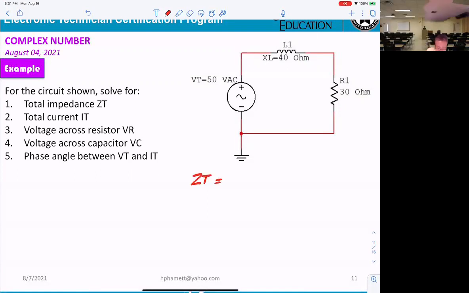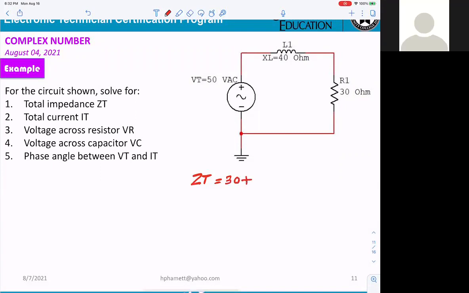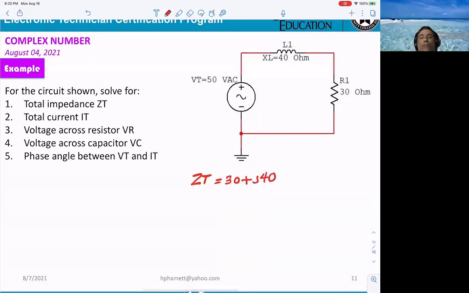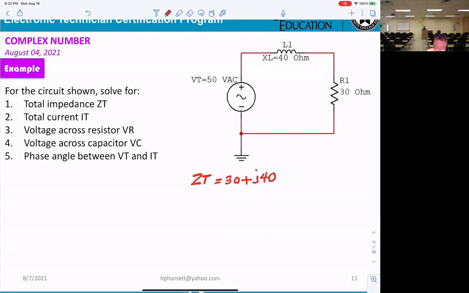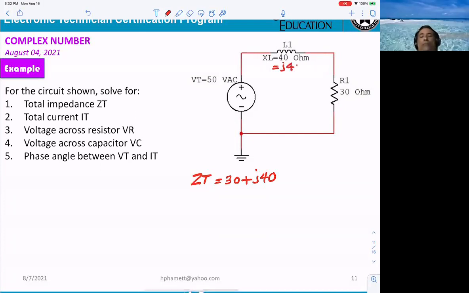What's the value? 30 plus 40J. Okay, 30 plus J40.